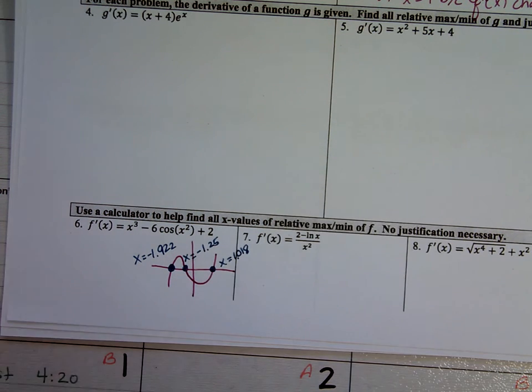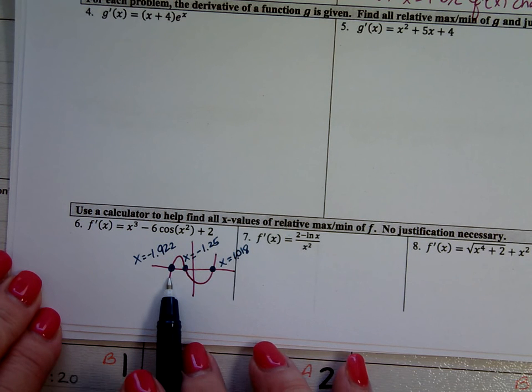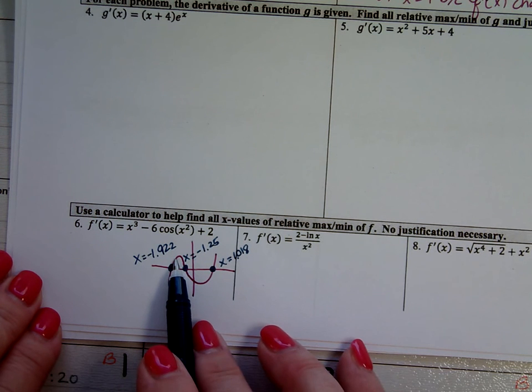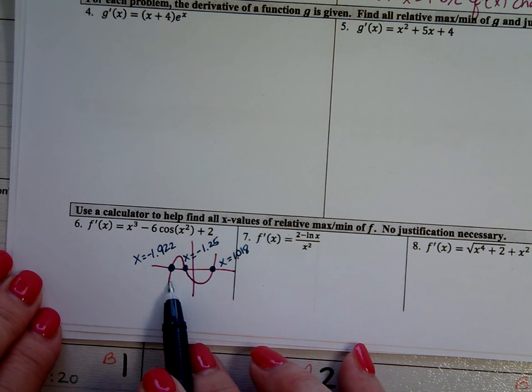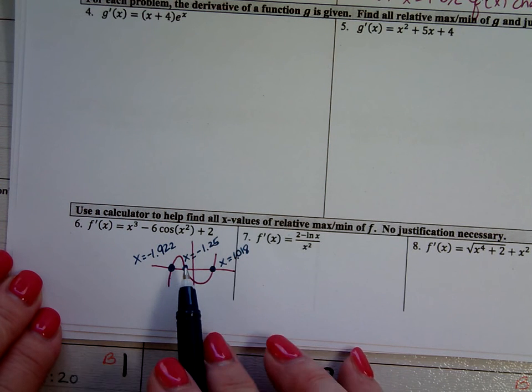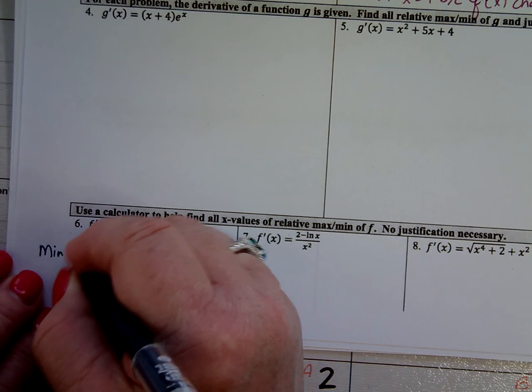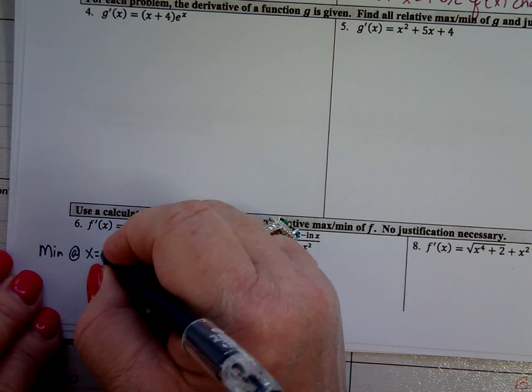So I found the zeros from the calculator. Now remember, this is the first derivative graph. The first derivative is negative here and positive here. Negative to positive is decreasing to increasing, so that creates a minimum. So I know that first one is a minimum at x equals negative 1.922.